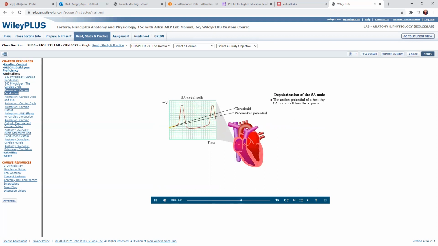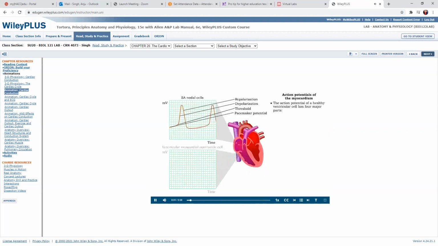The cell's membrane potential gradually becomes more positive until threshold is reached. This triggers rapid depolarization, sending the contraction signal on its way. Repolarization follows, and the SA nodal cell is ready to fire again.